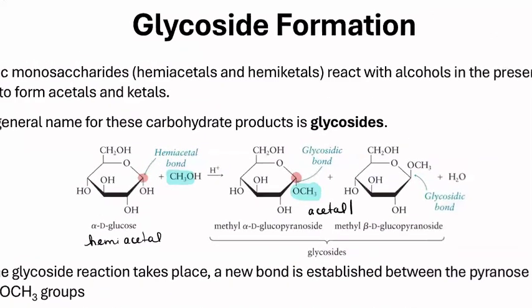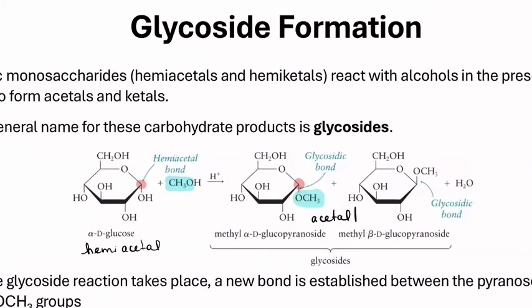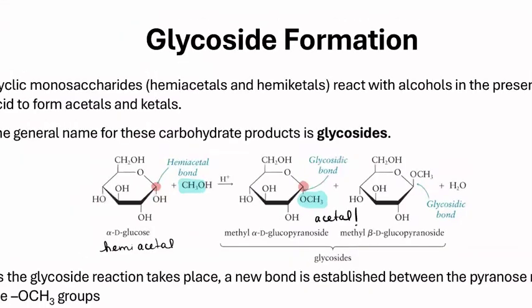Whenever we have the formation of such a bond, meaning making an acetal, we consider these as glycosidic bonds because we have specifically a bond formed to a sugar.